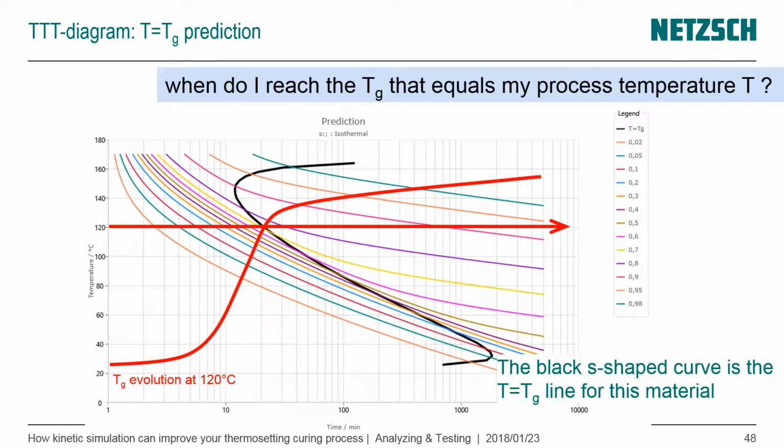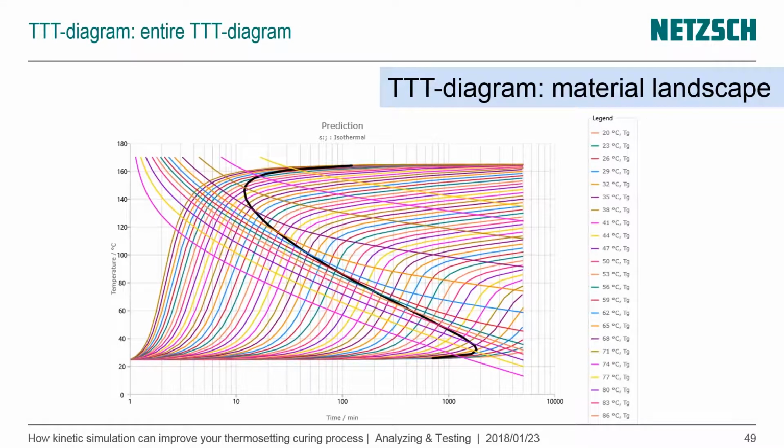And we can do even more. So the fully timed temperature transition diagram looks like that. Here you can see the glass transition evolution for different temperatures from 20 degrees C to, you cannot see the legend, to 160 degrees C in steps of 3 degrees C. And you can see the isoconversional lines from 2% to 98%, like we could see before.